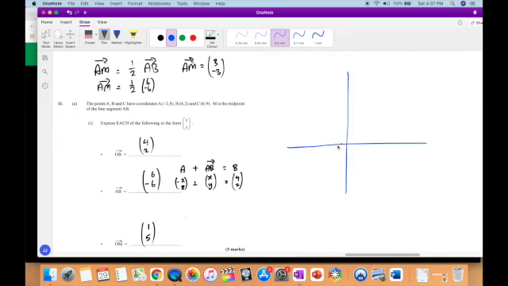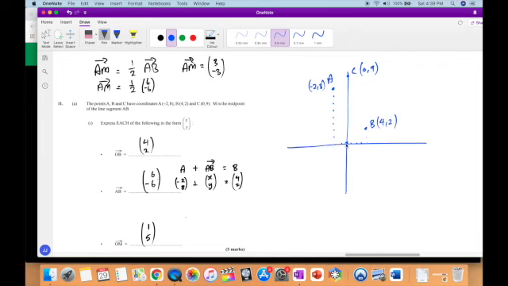Negative 2 and 1, 2, 3, 4, 5, 6, 7, 8. So that is A, which is negative 2, 8. C over here is 0, 9. B is 1, 2, 3, 4 and 1, 2 over here, so B is 4, 2.